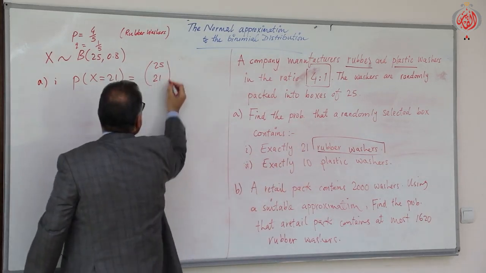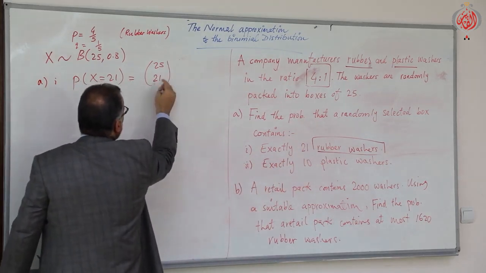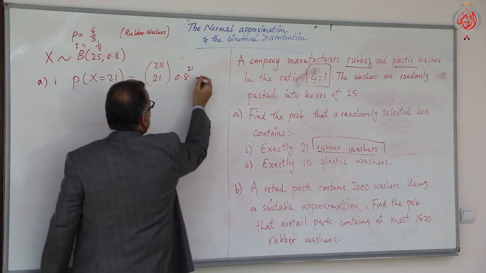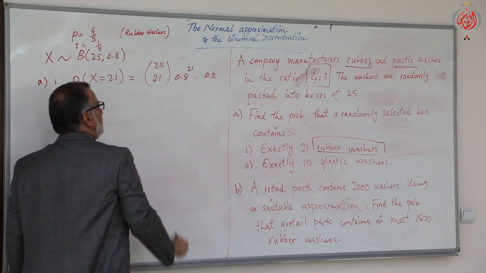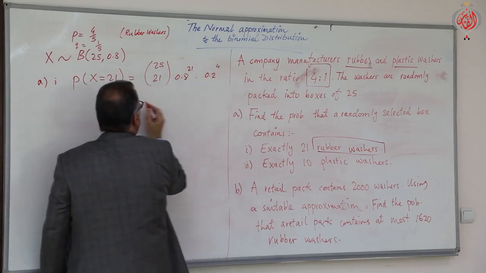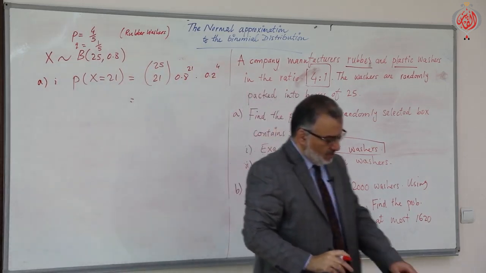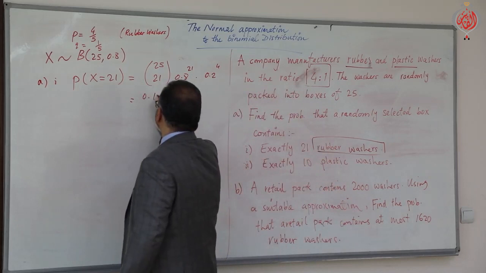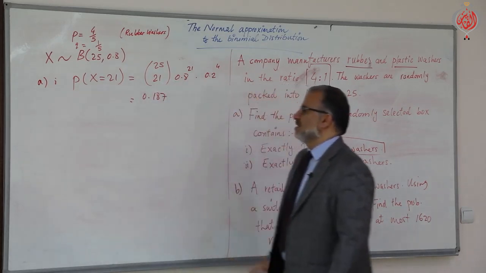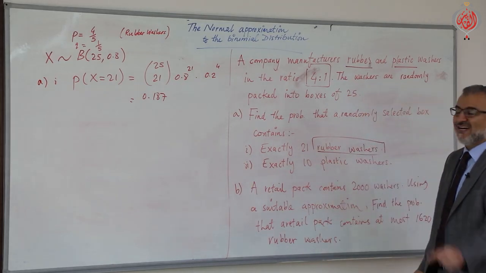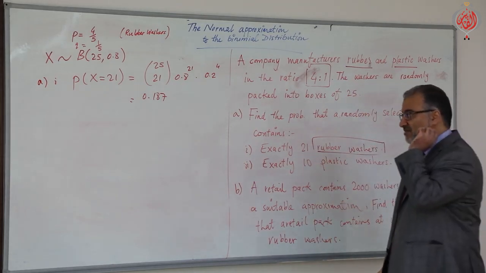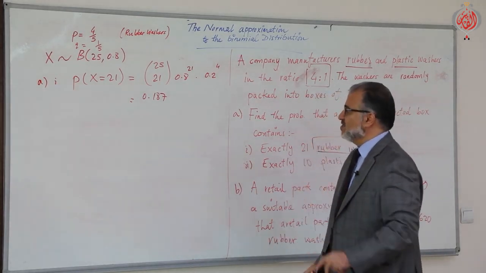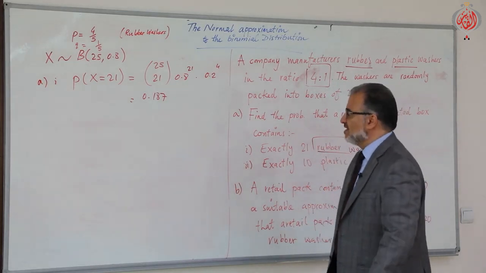The probability of a rubber washer, our success, is 0.8, to the power 21, times q, which is 0.2, to the power 25 minus 21, which is 4. The answer by calculation is 0.187. Always try to round to 3 significant figures. The final answer is always rounded to 3 significant figures, unless the question asks you to round to a certain level of accuracy.